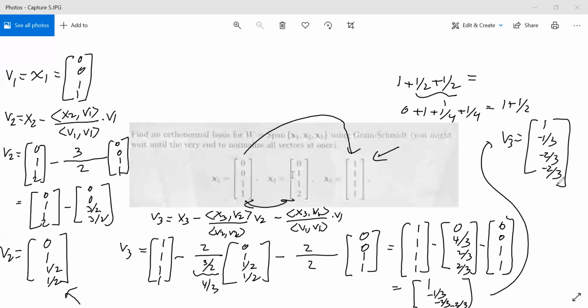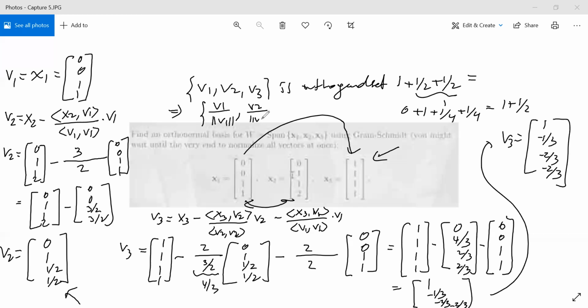So now you got a set, V1, V2, V3, which is an orthogonal set. And what you will do now is just turn this into an orthonormal set by taking the norm. So V1 divided by the norm of V1, V2 divided by the norm of V2, V3 divided by the norm of V3 will make this set orthonormal.